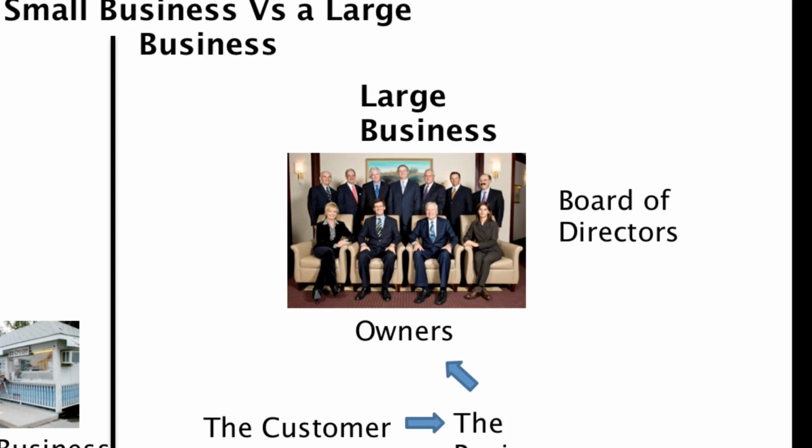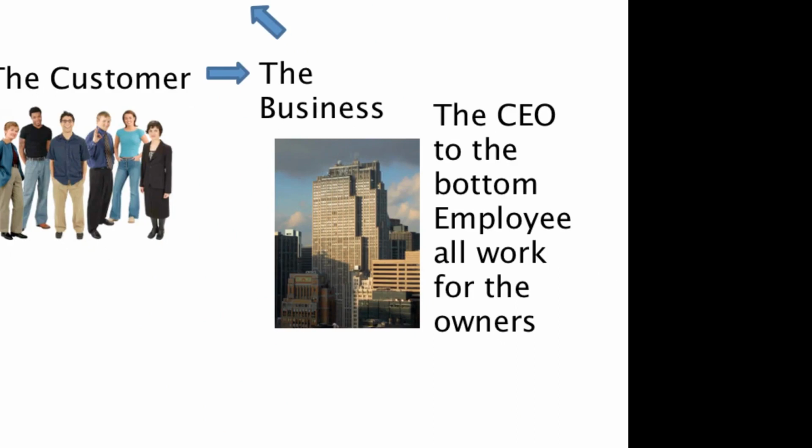So as you step down to the business itself, this is where the CEO, which a lot of people know that term, and the CFO and all those are all employees. They can be owners at the same time, but their role as the CEO is he's the head guy.